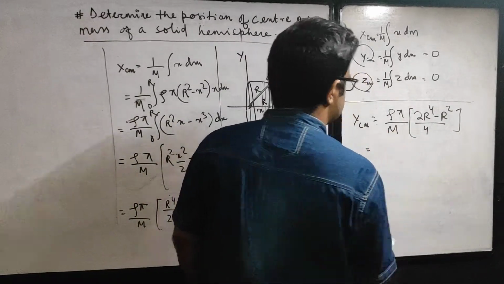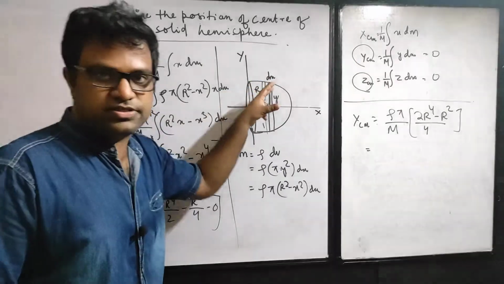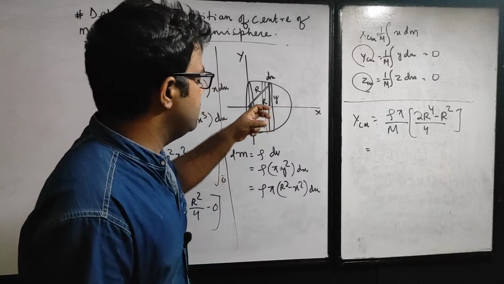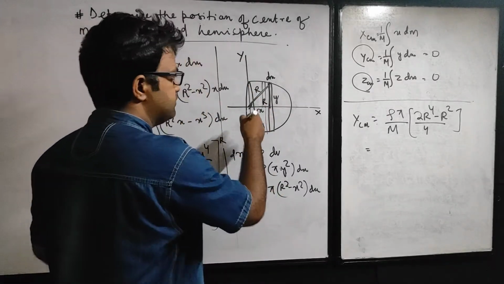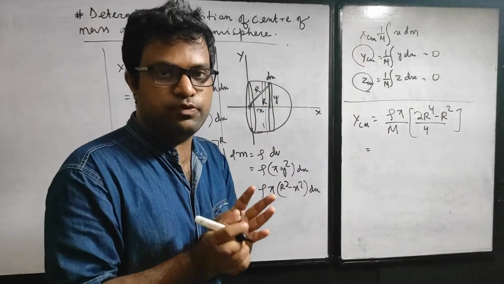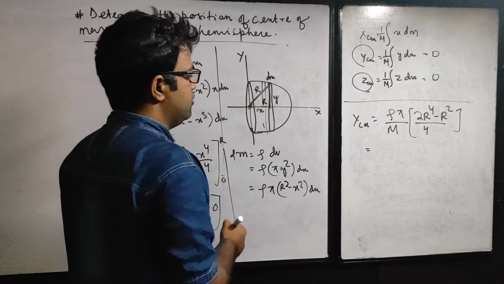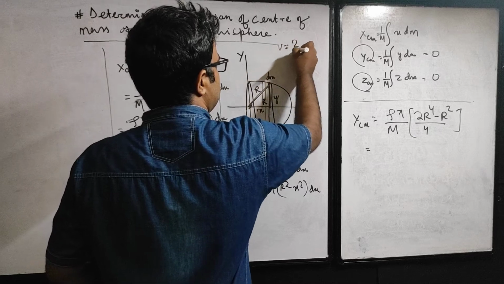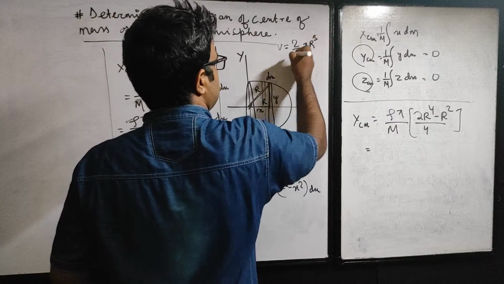And what is the mass? Mass is the total mass of this hemisphere, right? So what is the total mass of the hemisphere? In terms of density we can write, what is the volume of the hemisphere? Total volume of a sphere is 4 by 3 pi r cube, and volume of your hemisphere is 2 by 3 pi r cube.